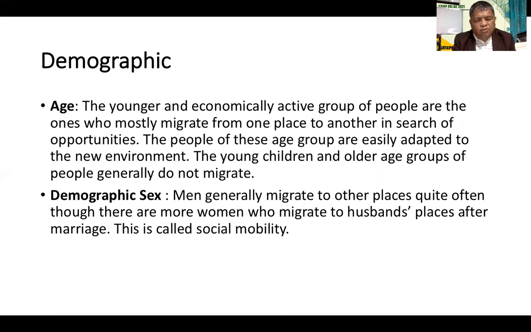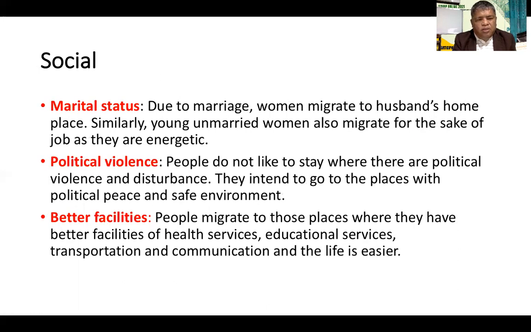Because if you are married and your spouse works in the US, Mrs. will not follow; it's either the husband who follows if she is already there. Particular cases, like medical. In social, marital status: due to marriage, women migrate to the husband's home place. Similarly, young unmarried women also migrate for the sake of jobs as they are energetic.